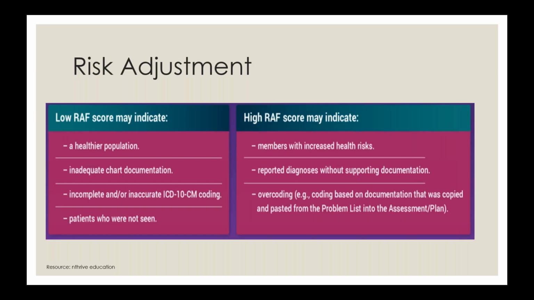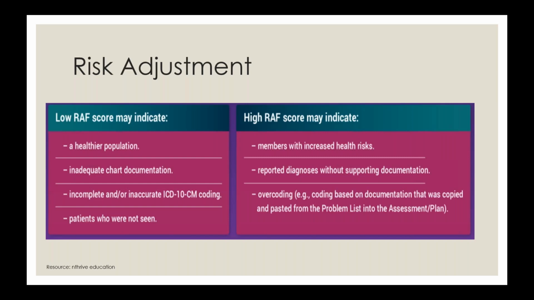Was that diagnosis monitored, evaluated, assessed, or treated? That needs to be in the chart in order to make sure that it is a valid diagnosis. And then even with that overcoding in the problem list or an assessment plan, as we all have heard, the problem with the problem list is that sometimes those things never really get deleted.